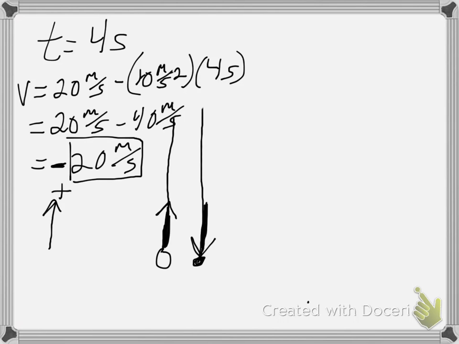So if you launch a ball up with some velocity, it will come back down with that exact same magnitude, but in the opposite direction. Another way of saying this is that whatever speed you toss it up at will be the speed that it then hits your hand with, okay? But, of course, the direction of motion will be opposite. In one case, you're tossing it up, and in the other case, it's coming back down. So the velocities are different because they have different directions, but their magnitudes are the same.